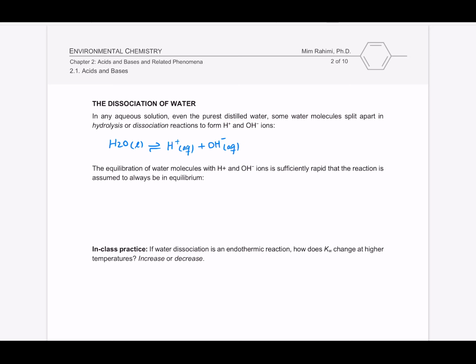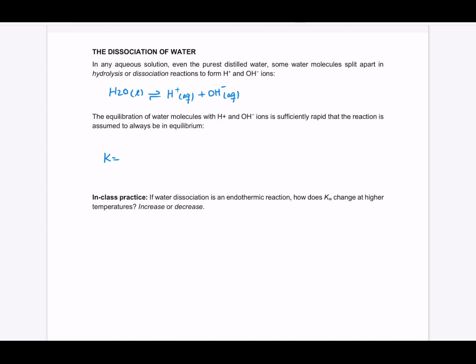And we talked about the equilibrium constant of this reaction, and we mentioned that we use a special designation. This was H plus times OH minus over the activity of the pure liquid, which is basically 1.